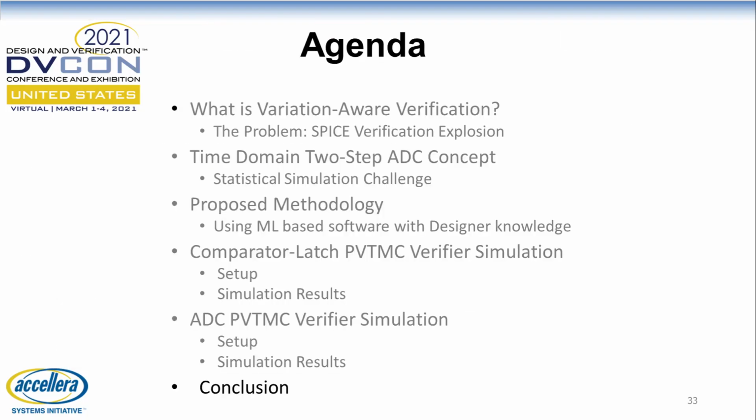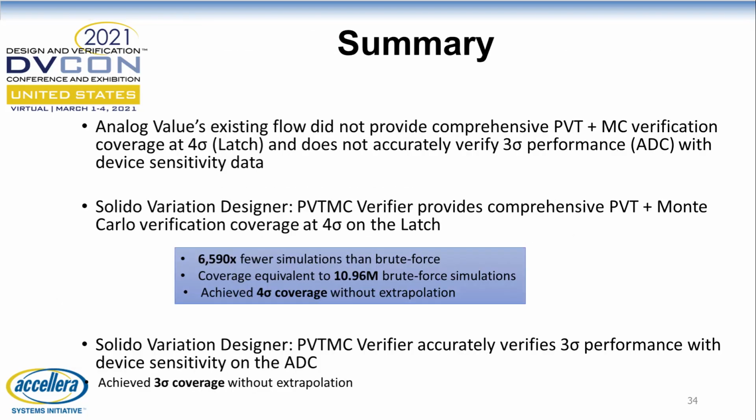Let us now conclude our presentation. In summary, with our previous approach, we were not able to do a comprehensive PVT and MC verification coverage at 4 sigma. We had to run many brute force simulations and rely on extrapolation.